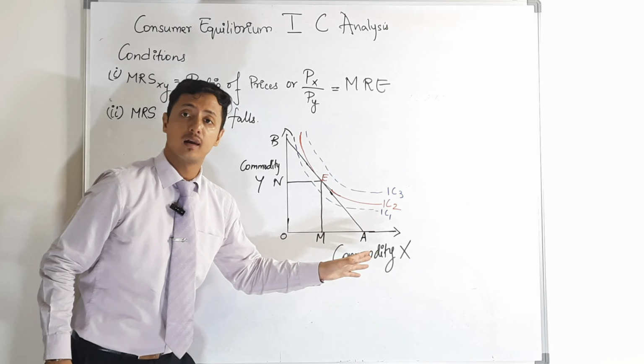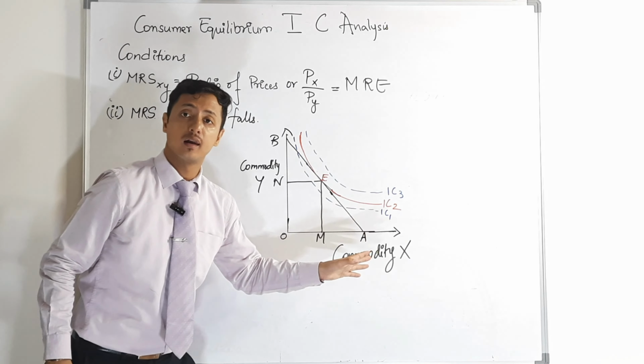The consumer attains equilibrium when the consumer is purchasing OY unit of commodity Y and OM unit of commodity X. So the consumer is at equilibrium at point E, where the consumer is purchasing OY unit of commodity Y and OM unit of commodity X. So the consumer equilibrium through indifference curve analysis has two conditions.